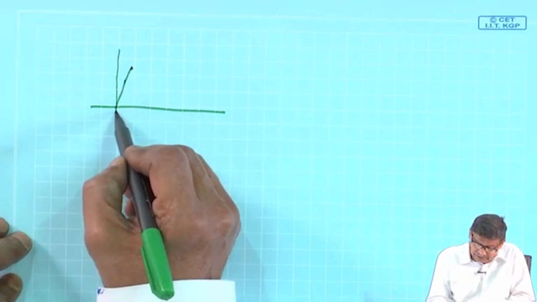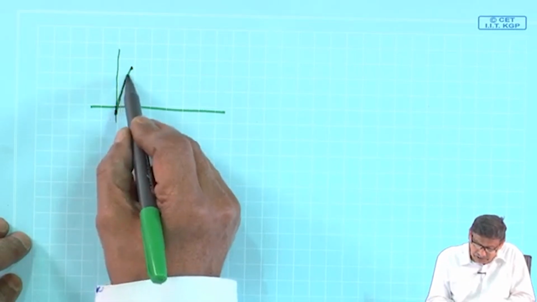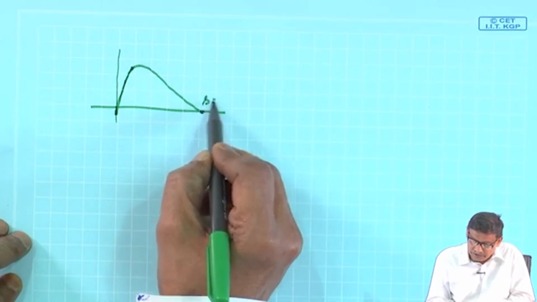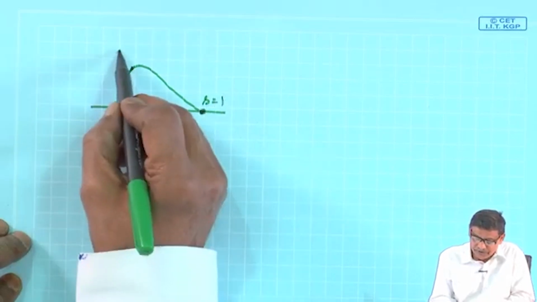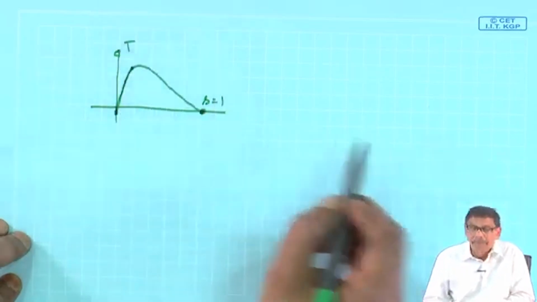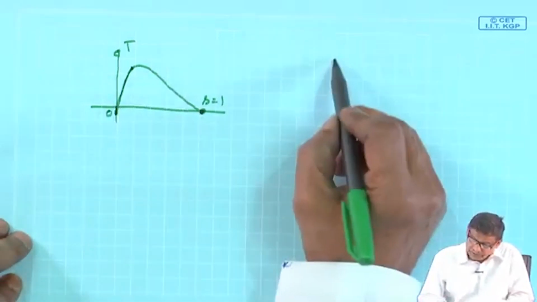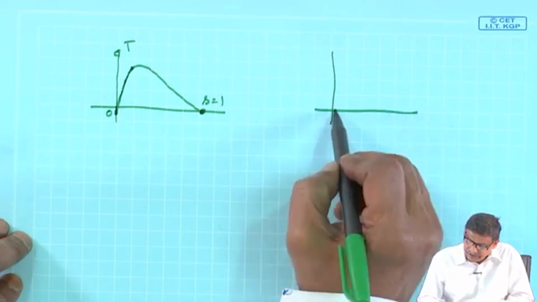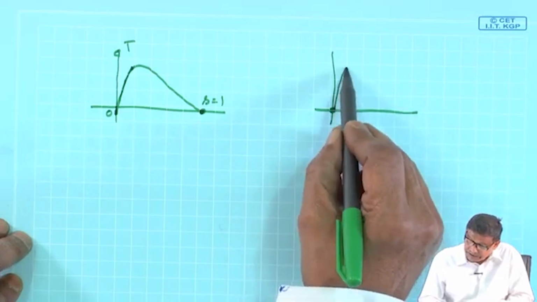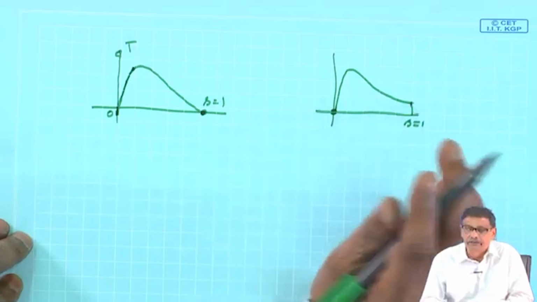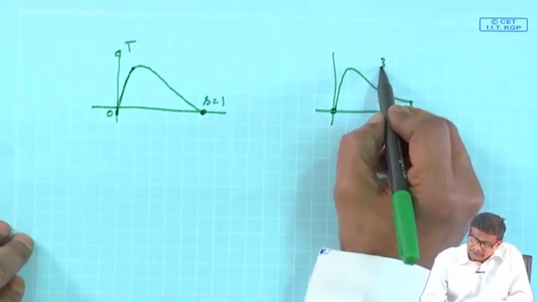It will start a little below from here, then this is S equal to 1, with 0 torque, from 0 to 1. The 3-phase induction motor will start from here, it will go at S equal to 1, and a definite starting torque will be there.